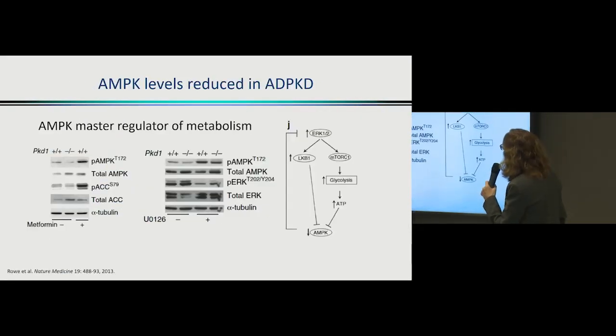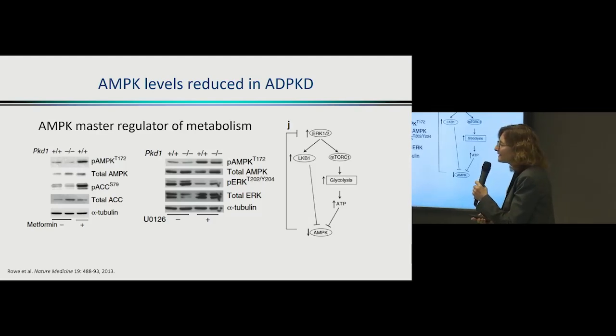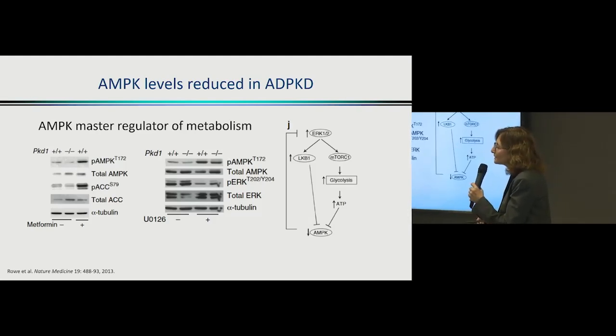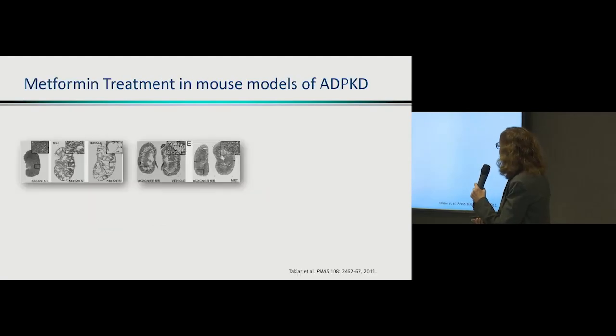Because I'm running short on time, I just want to very quickly say that it turns out that when you look in cells, AMPK is down-regulated in PKD. When it's intact, it's a negative regulator of growth. If you decrease it, it's going to mean more growth. So, okay, metformin is a drug that increases AMPK.